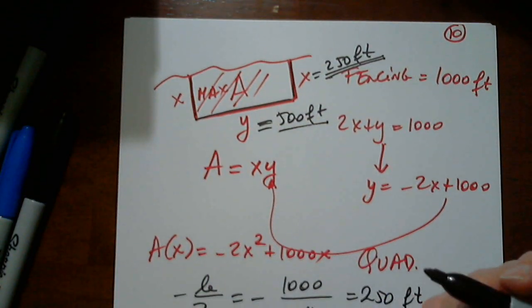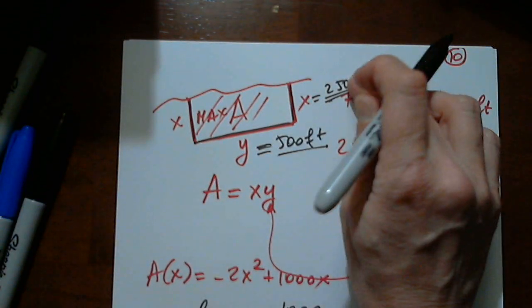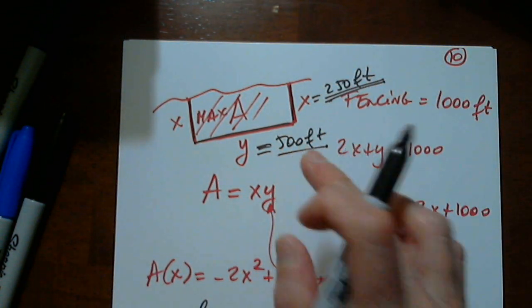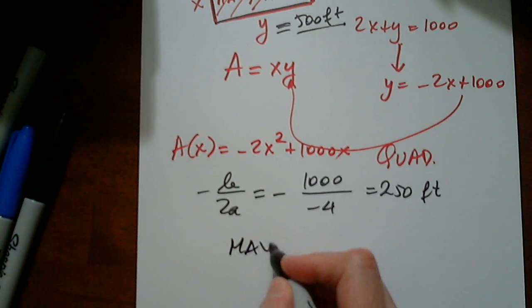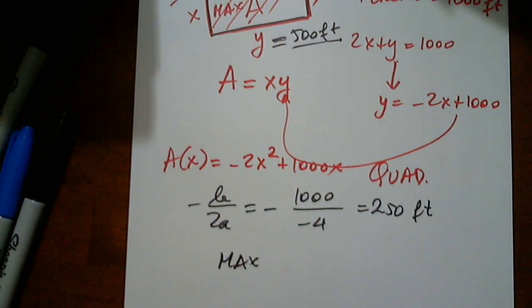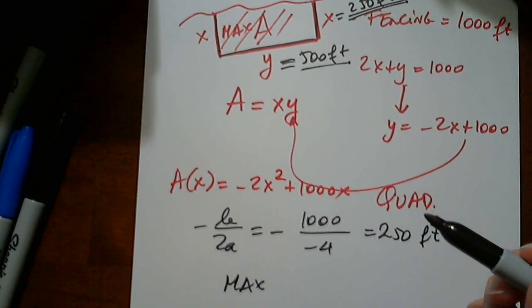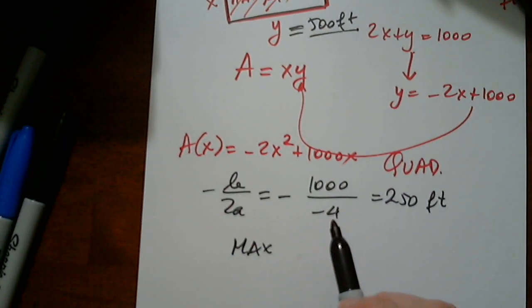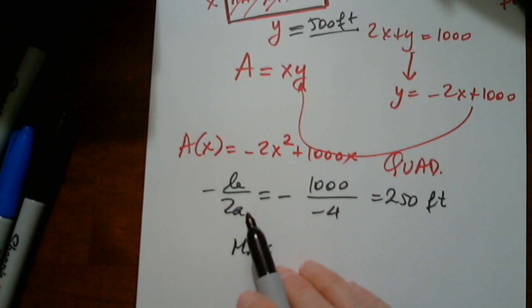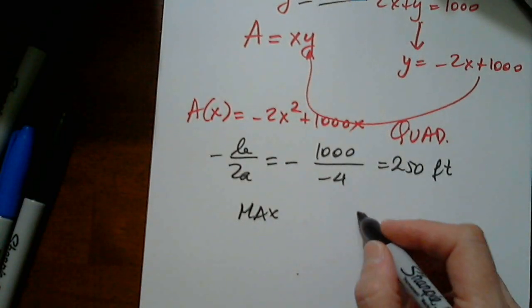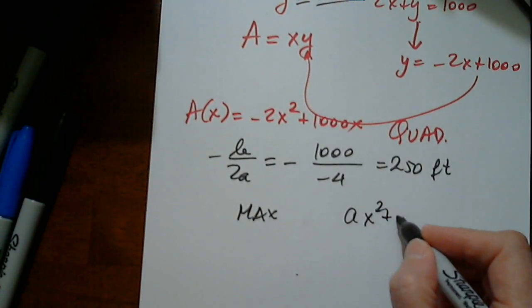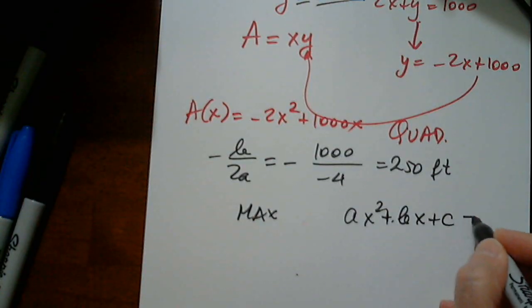And he's going to say, what is the maximum area? No problem. 250 times 500. So the max is... Is that an L over the 2A? Say it again. So the quadratic function is ax squared plus bx plus c.